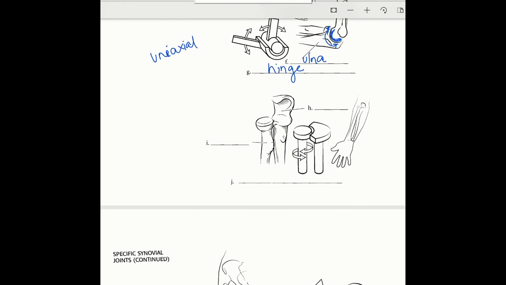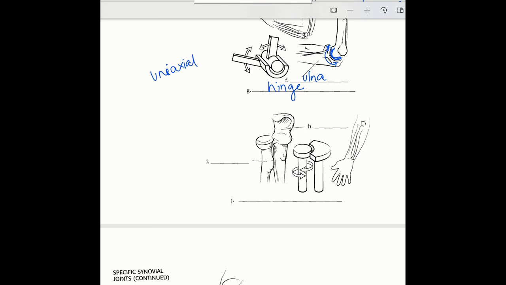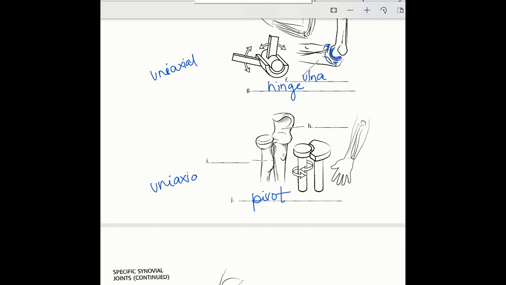Just beyond our elbow, we have the joint that's going to allow pronation supination, which is an example of a pivot. A pivot is our other example of a uniaxial. Another example would be the dens in the atlas, so that you can turn your head left and right.